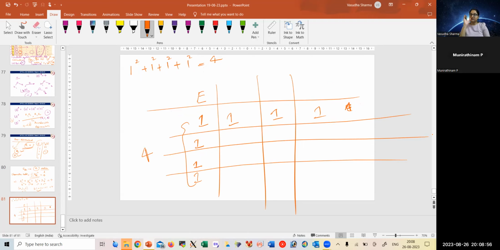Now I have to put the values in such a way that the squares of it give me 4, and multiplying 2 rows gives me a value of 0. For example, you might ask, ma'am, what happens if I put -1? Because this is fixed as 1, and next I take -1 square, then -1 square, then -1 square.